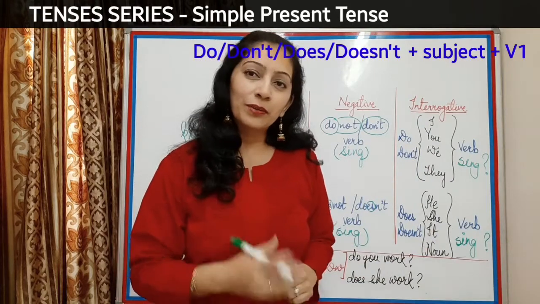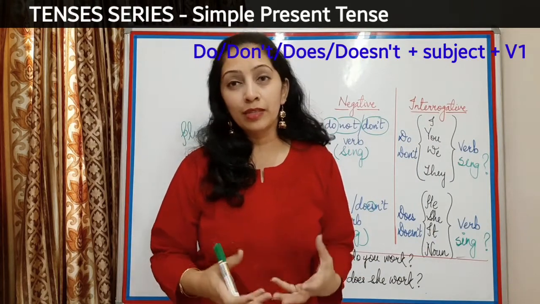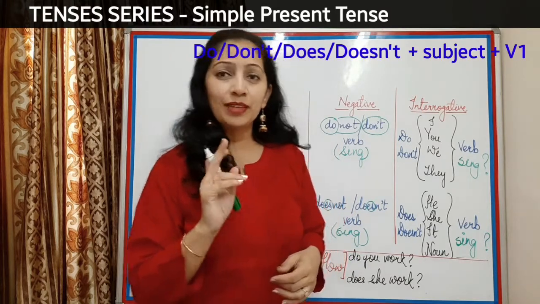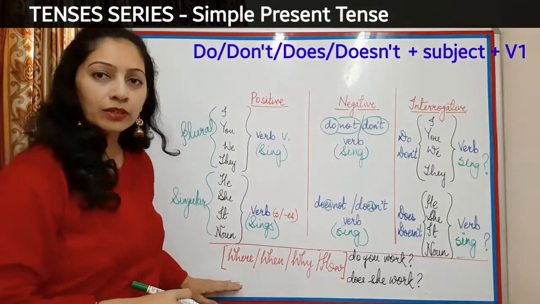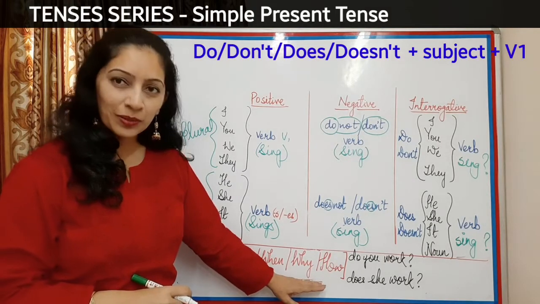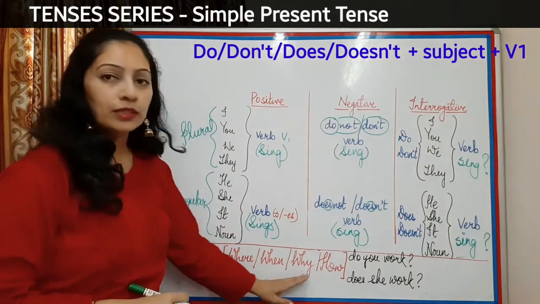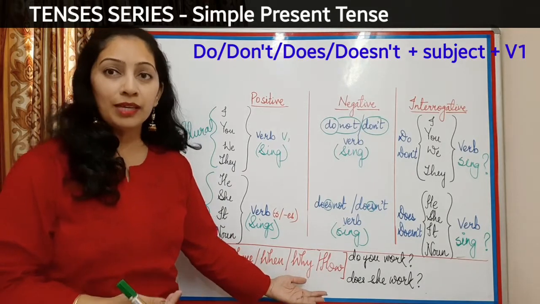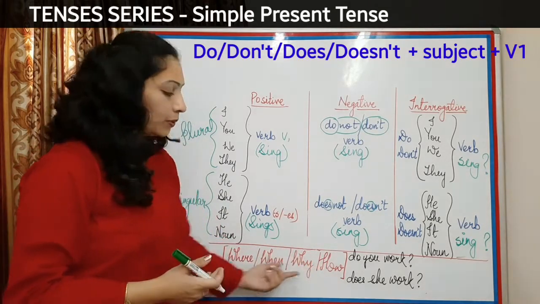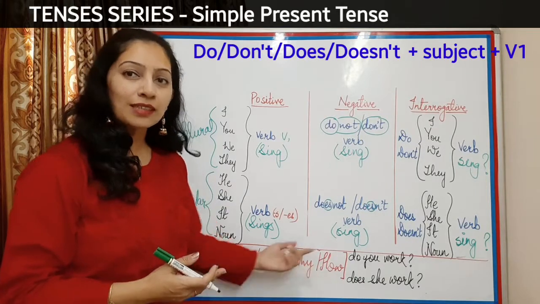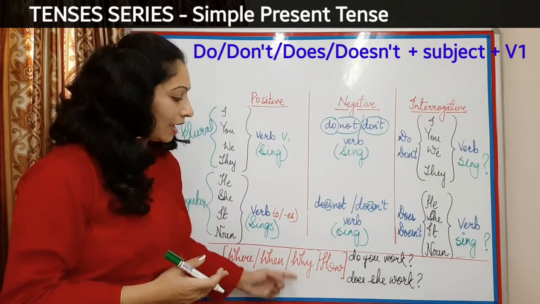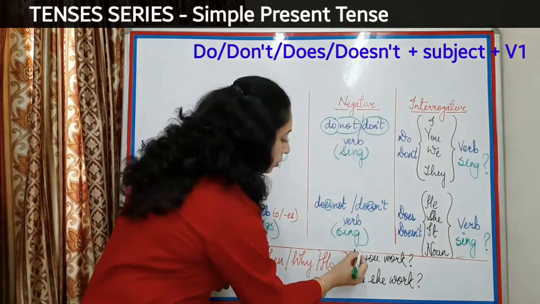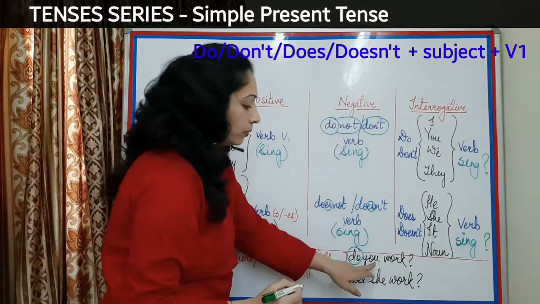What about other question words like when, which, how, where, why, etc.? In that case, the question word will come at the beginning. Look here, these are only a few I have noted down, there are many, but if you have a question word like this, then you will start the word first and then you move on to the auxiliary verb, do, you, work.